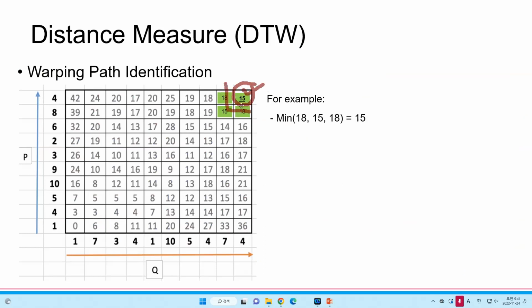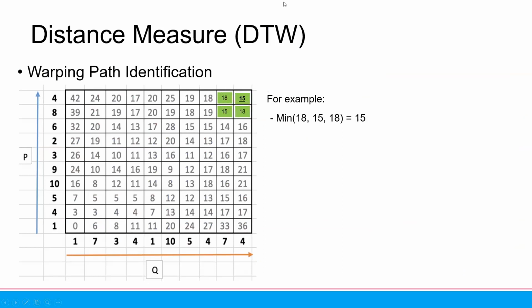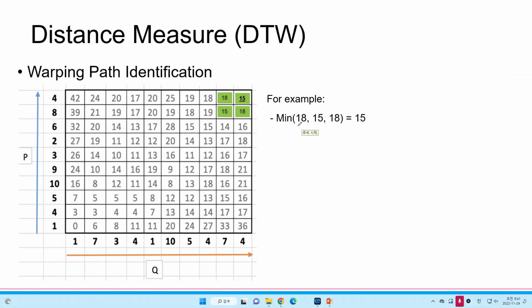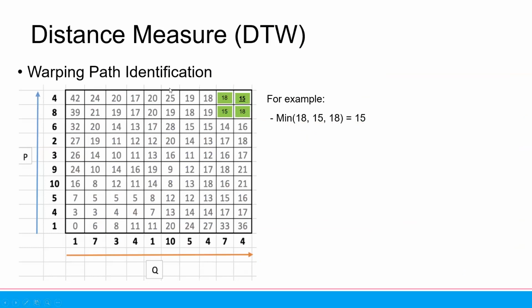So we have the number in this position. We need to check 18, 15, and 18. So what is the minimum? The minimum is 15. Then we will go to the next by selecting 15.